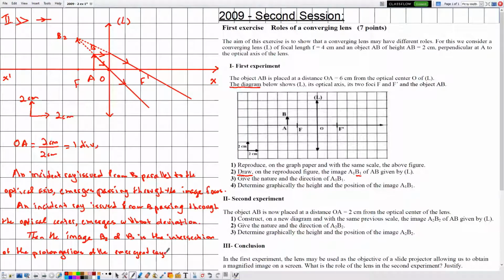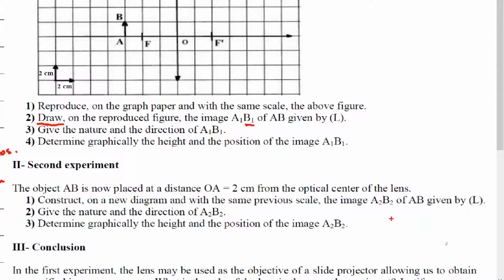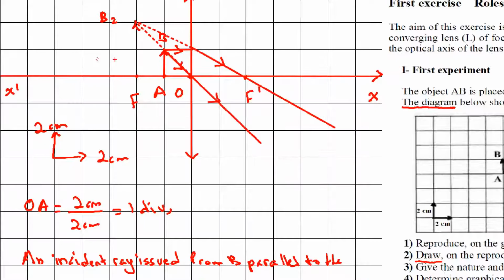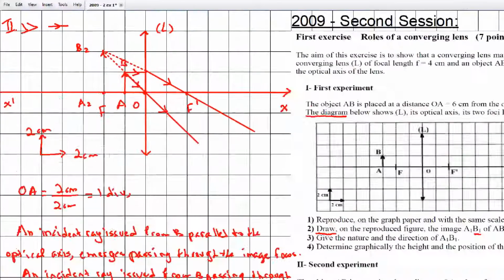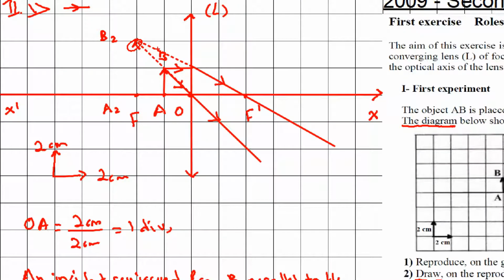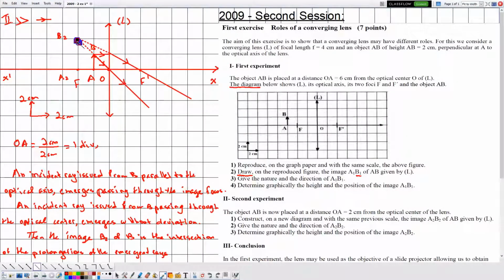of the emergent rays. Now here, because the image A2B2 consists of 2 points, we have done the tracing and the justification of B2. Now we need to trace and justify A2. In this case, A represents the foot perpendicular of B on the optical axis, then A2 will represent also the foot perpendicular of B2 on the optical axis. So this is A2. And now let's trace the image A2B2. Because B2 is the intersection of the prolongations and the prolongations are dotted, then the image A2B2 will be dotted.